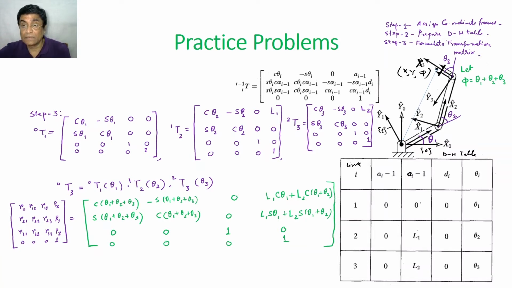And then a does not exist, 0. Di does not exist. This is the reason I have kept the first link here, not somewhere else. You had the liberty to put it anywhere to describe the body that is characterized by link length 1. You got it, right? So this is your L1, this is your L2, this is your L3. These are your link lengths.